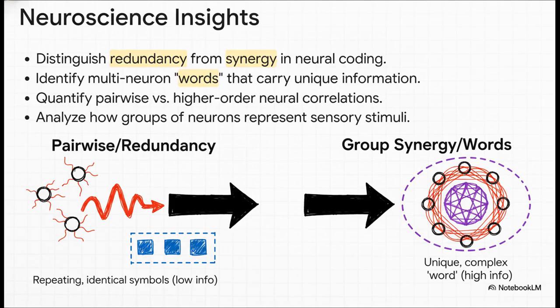Like, when you see the color red, is that information stored in a few pairs of neurons firing together? Or does the idea of red only exist because of the coordinated, synergistic firing of a whole group? 10, maybe 100 neurons all at once. This tool finally lets us tell the difference between simple correlations and these higher-order multi-neuron words that could be the true language of the brain.